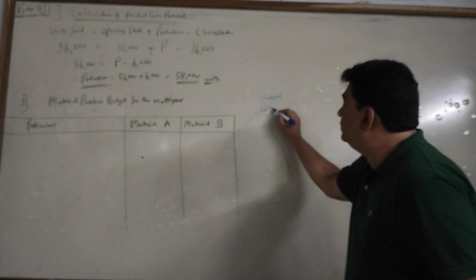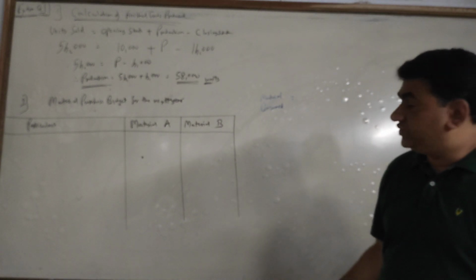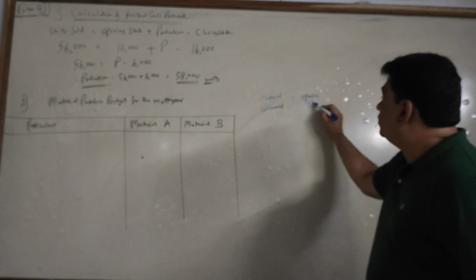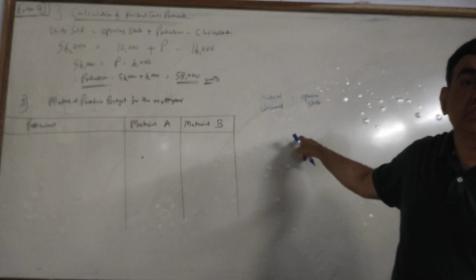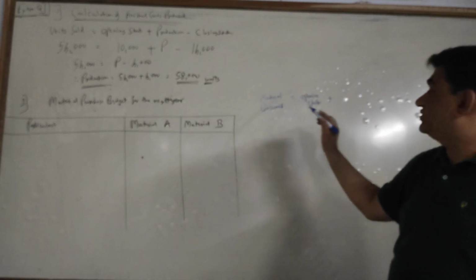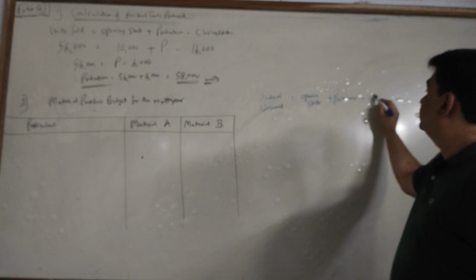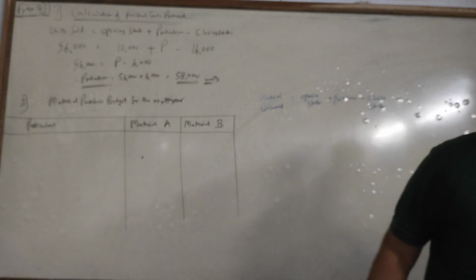Material consumed is equal to opening stock, that opening stock is finished goods, this opening stock is raw material, plus what I will produce, here I will purchase, minus closing stock.